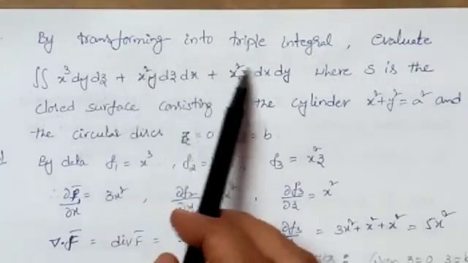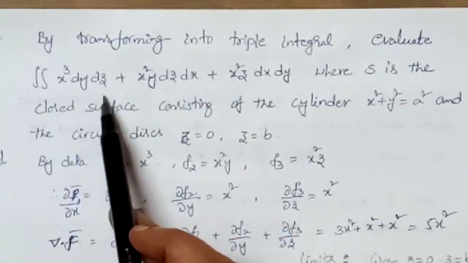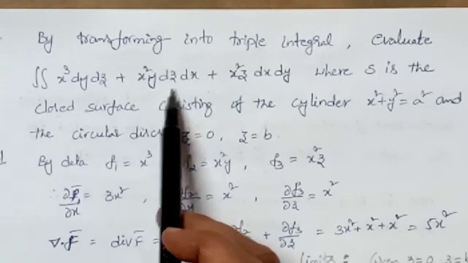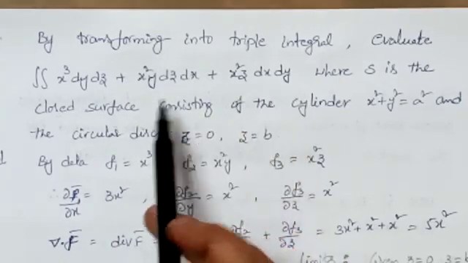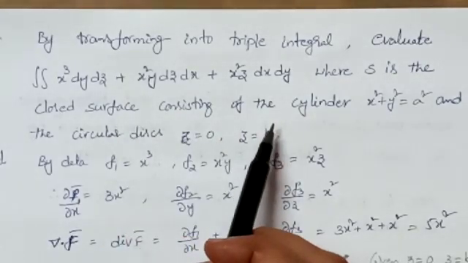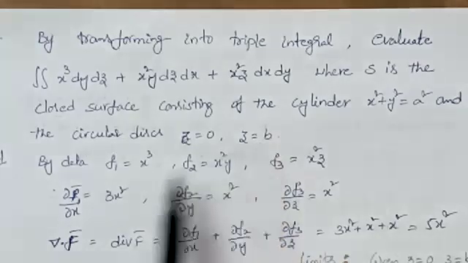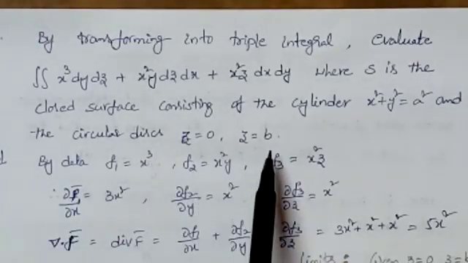By transforming into a triple integral, evaluate the double integral of x cube dy dz plus x square y dz dx plus x square z dx dy, where S is the closed surface consisting of the cylinder x square plus y square is equal to a square, and the circular discs z is equal to 0, z is equal to b.